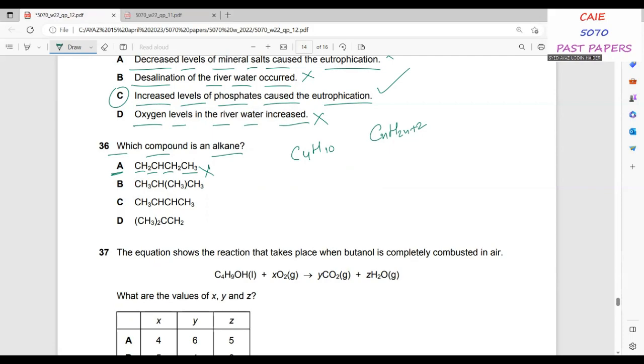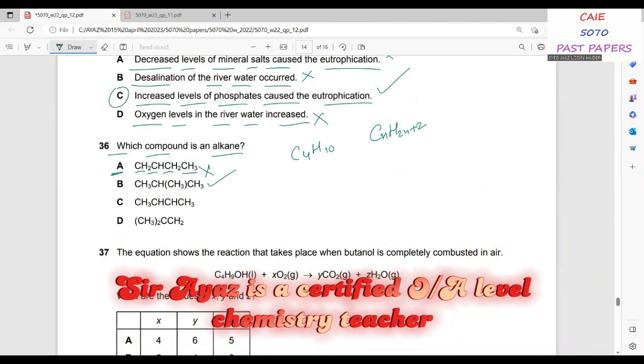So you will count the carbon atoms in this. You have 4 carbon atoms. What about hydrogen atoms? There are 10 hydrogen atoms. So this looks correct to me. C, we have CH3, CH, CH, CH3. Again, if you apply the general formula of alkane, it won't follow the general formula of alkane. It will definitely follow the general formula of alkene. So this is again incorrect.